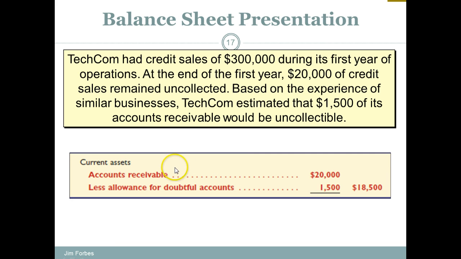Here's how they're showing it. They're showing the $20,000 as accounts receivable, less allowance for doubtful accounts of $1,500, so the net is $18,500. On your balance sheet, under the current assets section, you show the sales at the actual dollar amount, the reserve, and then this estimate. Now you're getting an estimated net value on there.